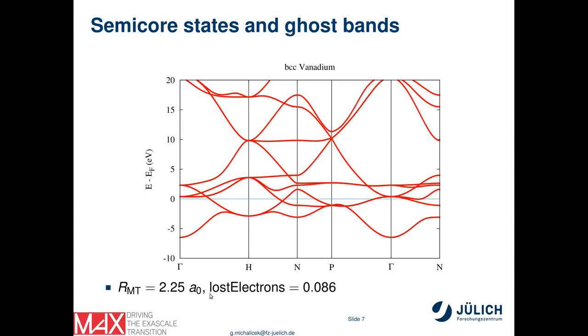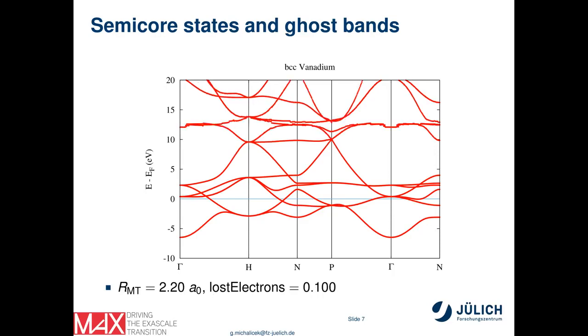So now what happens if I reduce the muffin tin radius? Then we get this. Here I reduce the muffin tin radius to 2.2 Bohr, and you see that more electrons from the core reach out of the muffin tin sphere, and we get some strange and bizarre band that looks like an error at about 13 eV above the Fermi energy.